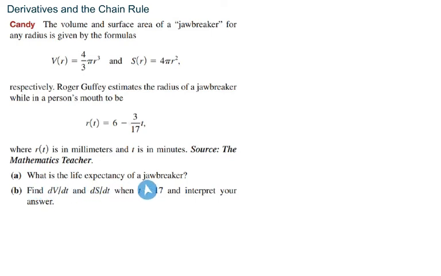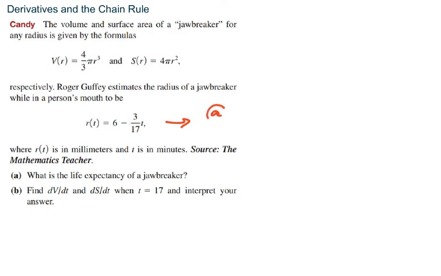Let's find the life expectancy of a Jawbreaker. In order for us to find the life expectancy, this is really just an algebra problem. Because if we know the radius is 0, the Jawbreaker is gone, and we can determine the time by solving that basic equation.